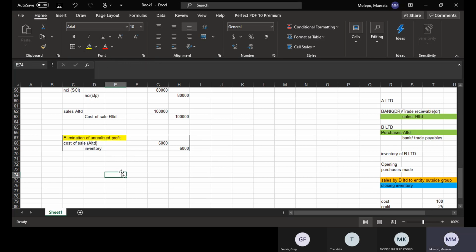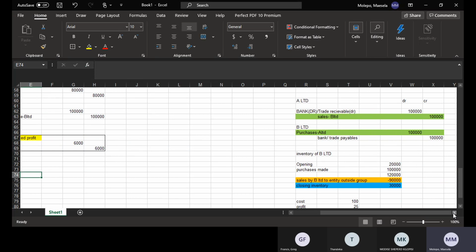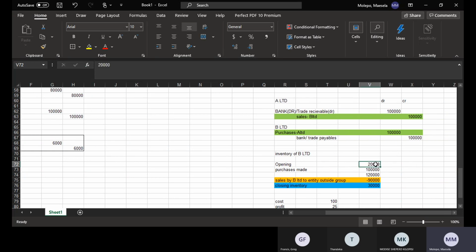And then now we're going to go to the retained earnings. It is the retained earnings of the 20,000, because here we also make the profit on this opening balance. Since the inventory was now sold, the 20,000, there is a profit realized.